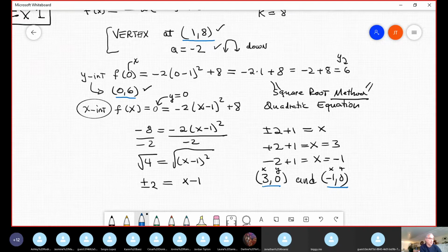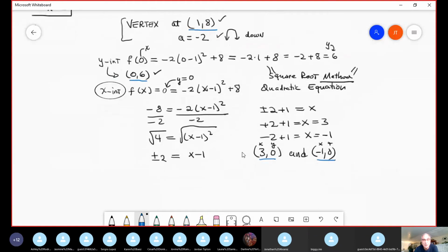Okay, but I need more. Before I start the graph, I need to understand the axial symmetry. Axis of symmetry is always a vertical line.